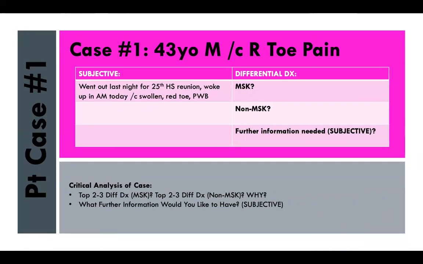You're going to bring him back to your evaluation room. And what I want to know is, just based on this first bit of information, see if you can come up with 2 to 3 differential diagnoses that are musculoskeletal and 2 to 3 differential diagnoses that are non-musculoskeletal. Could be rheumatologic, could be other non-MSK diagnoses.